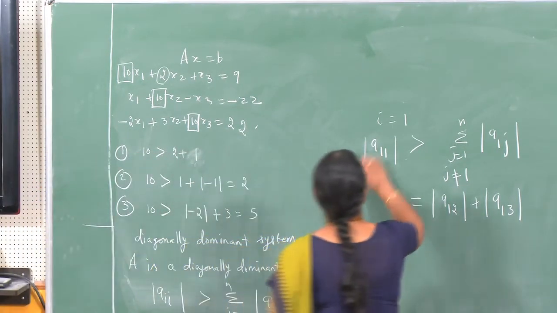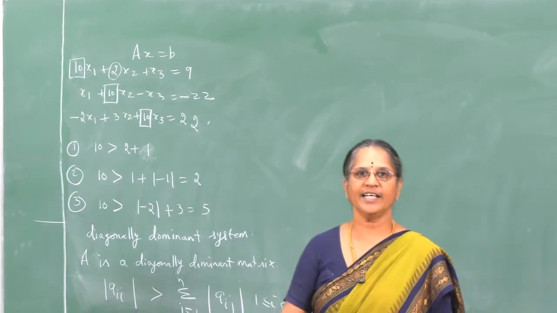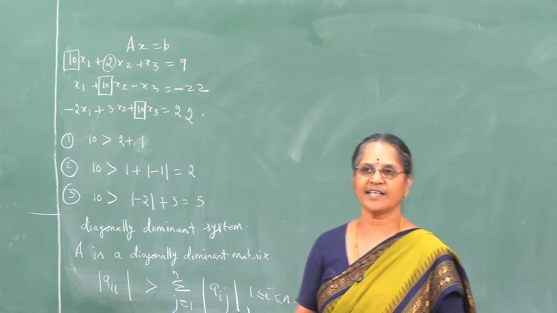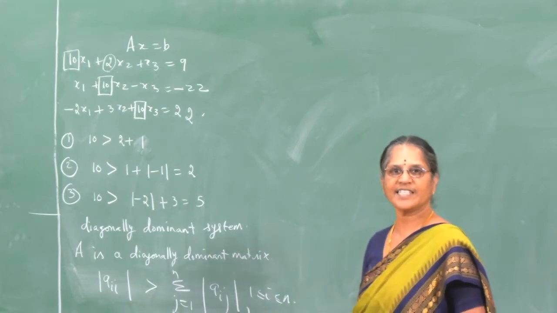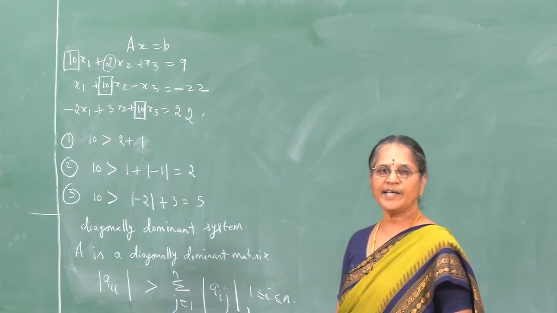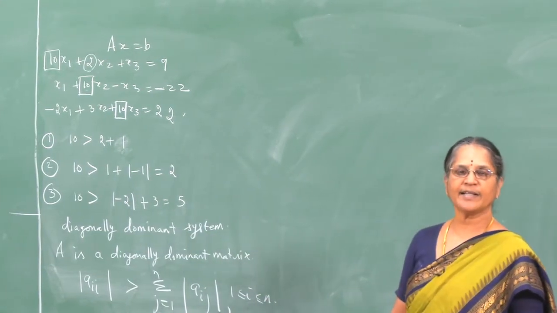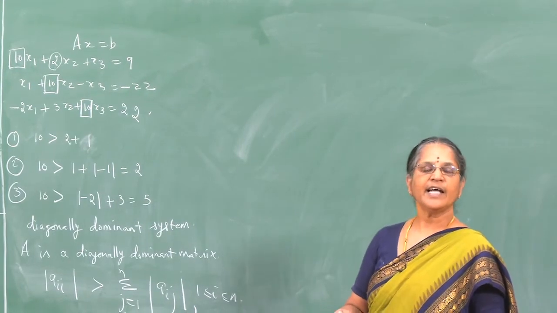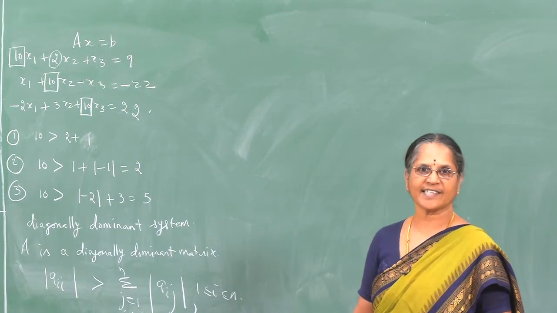If you are given a system of equations with the coefficient matrix as a diagonally dominant matrix, then we have a result which says that if A is a diagonally dominant matrix in the system Ax is equal to B, then Gauss-Jacobi method and Gauss-Seidel method converge to the solution for any arbitrary starting vector for the unknowns x.